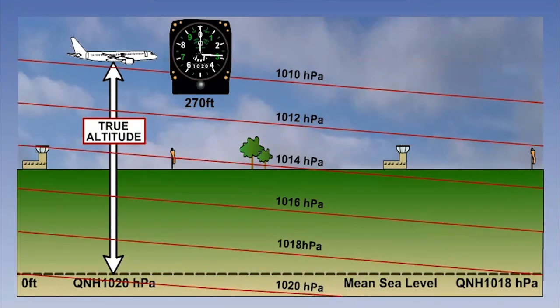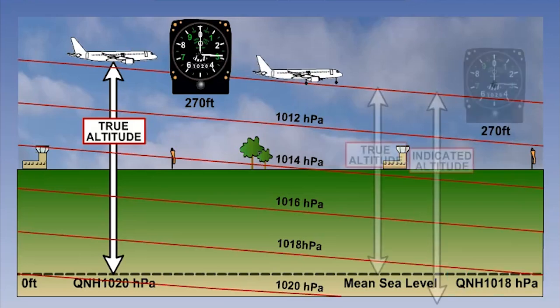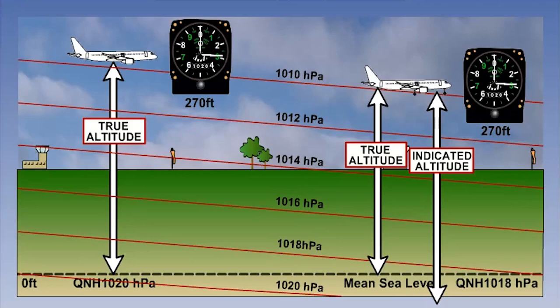But look at what would happen to the isobars if the QNH was lower at the destination airfield. You can see that the isobars now slope towards the ground. En route to our destination, we must ensure our indicated altitude remains the same. But in doing so, we're actually travelling closer and closer to the ground. So, our true altitude is getting less and less, but our indicated altitude is remaining the same.